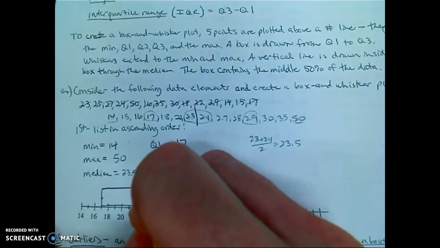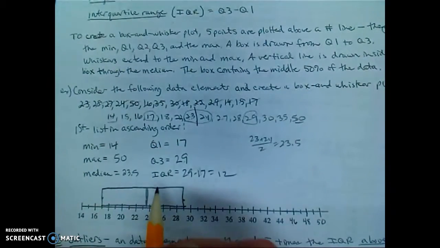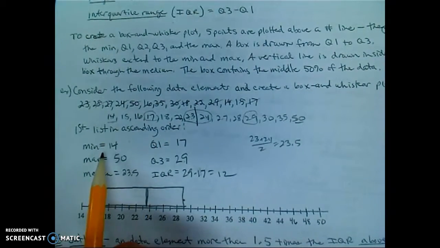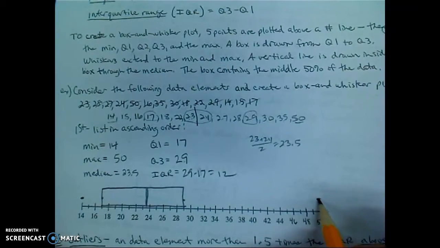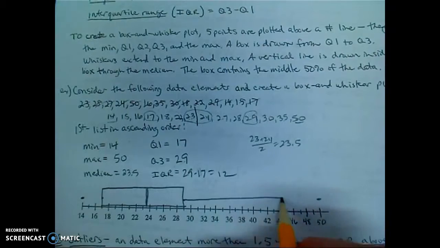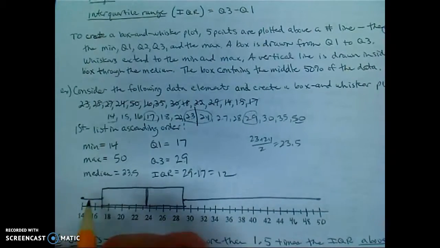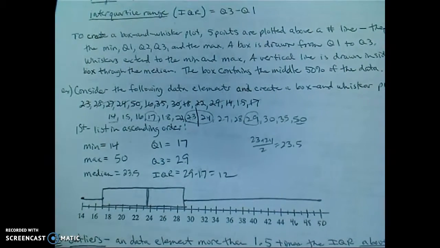The median gets drawn right through that point. And then whiskers extend out to our min and max. So there's our minimum at 14, our maximum at 50. So this is our box and whisker plot.